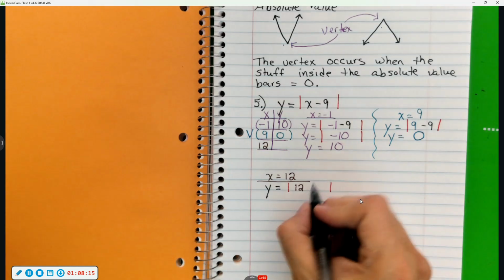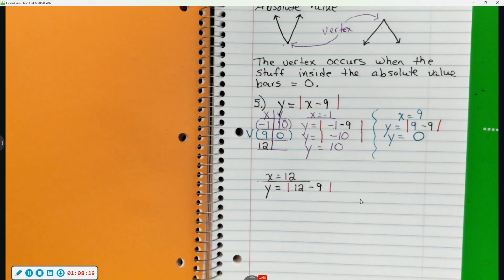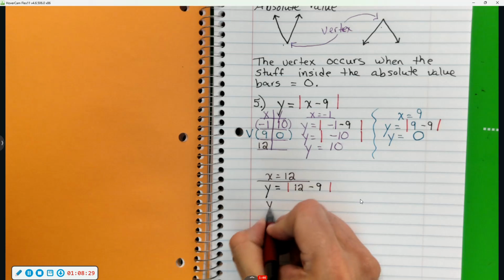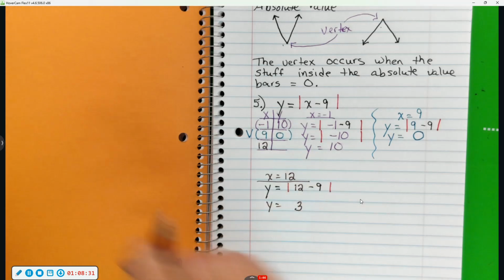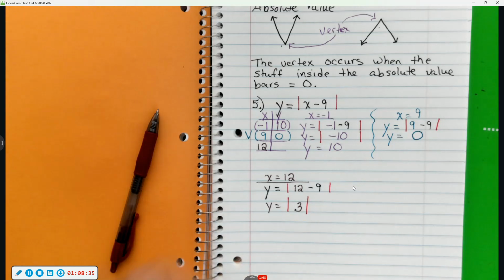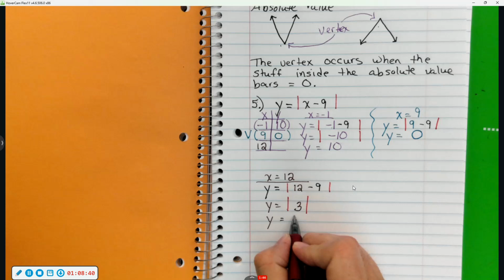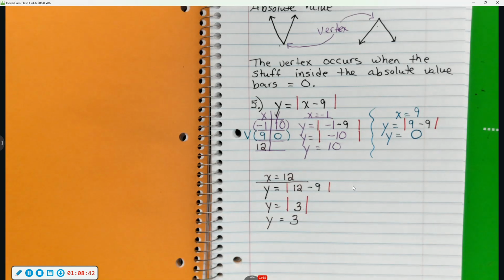That's not 112 minus 91. What number do we have inside the absolute value bars? 12 minus 9, 3. And we have the absolute value of 3. What's the absolute value of 3? Just 3. So y equals 3.